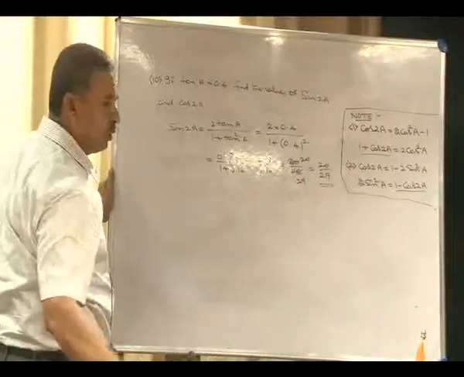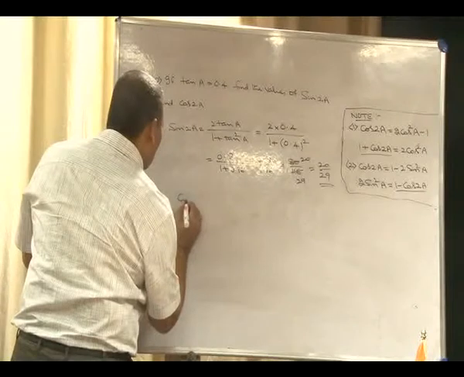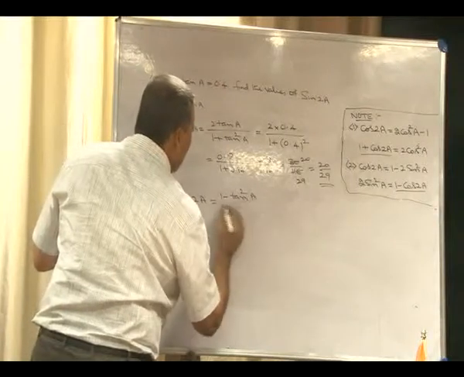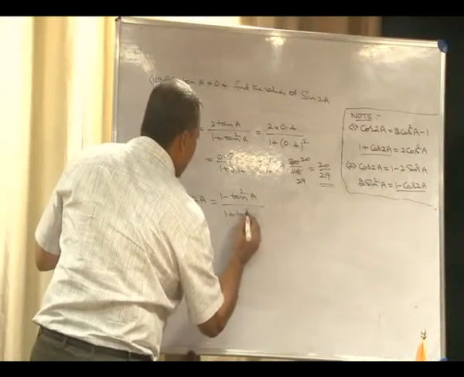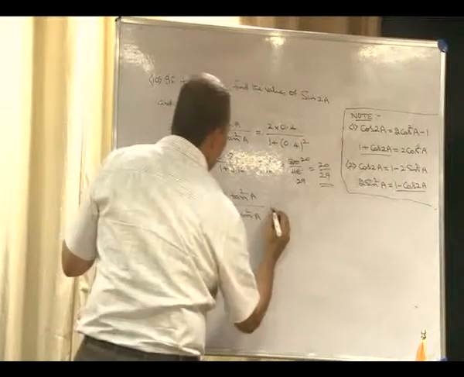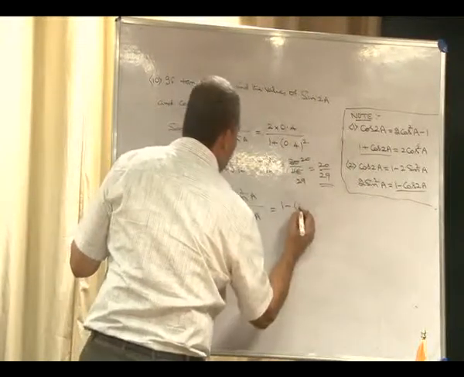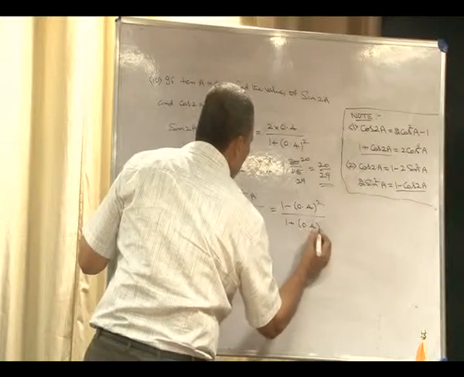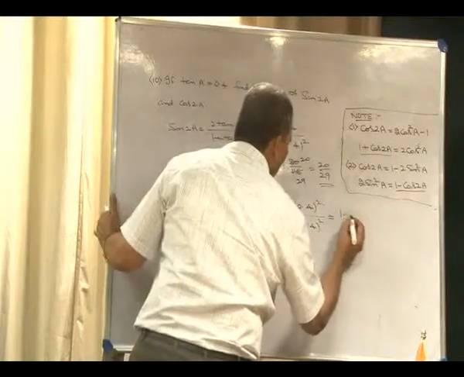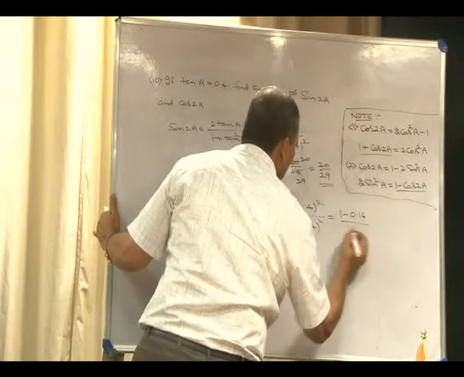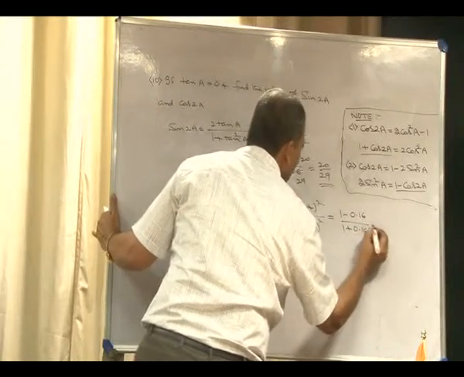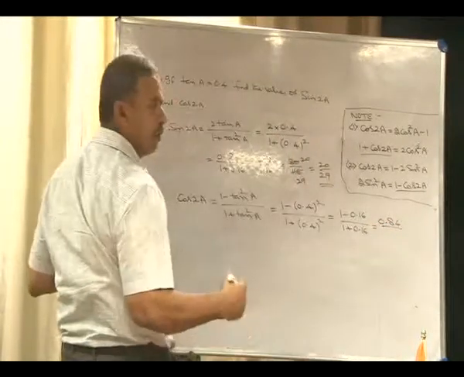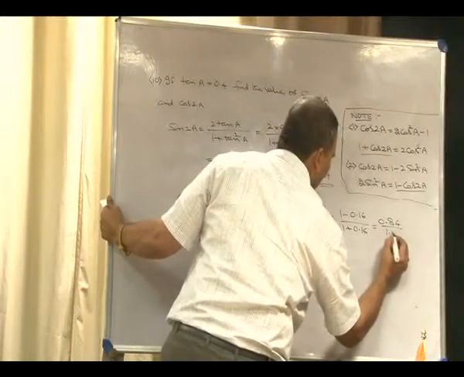The formula for cos 2A in terms of tan is cos 2A equals 1 minus tan square A by 1 plus tan square A. That is 1 minus 0.4 the whole square by 1 plus 0.4 the whole square, which is 1 minus 0.16 by 1 plus 0.16, that is 0.84 by 1.16.